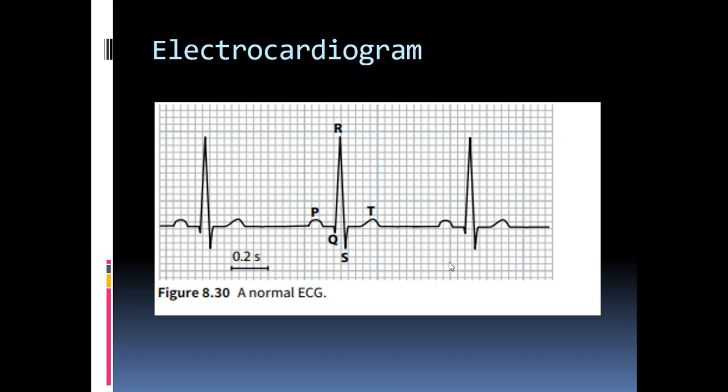And basically, the physicians will use information on the electrocardiogram or ECG to indicate whether an individual is having any sort of heart condition, right? Because any irregular value of P, R, and T will tell you that.